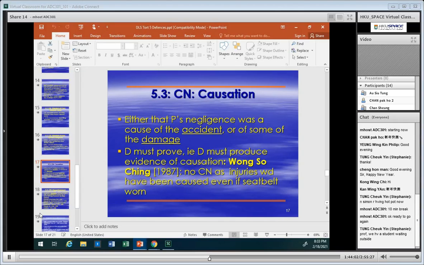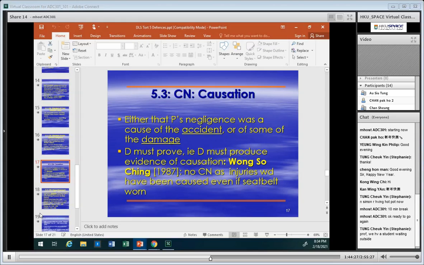And in Wong So Ching, as it turned out, the defendant was unable to prove causation. So the defence of contributory negligence did not succeed in Wong So Ching because the defendant was unable to prove causation. So in Wong So Ching, the plaintiff was a passenger in a car. She was thrown from the car when the car ran into a hillside.